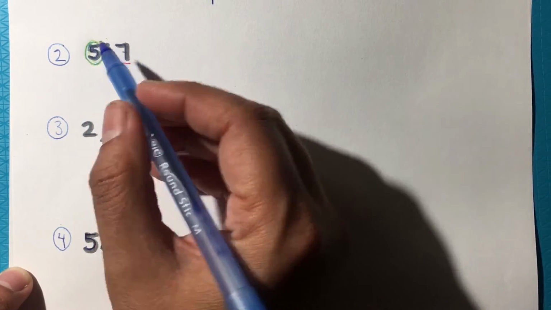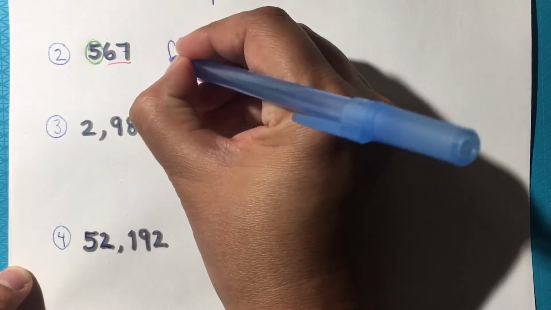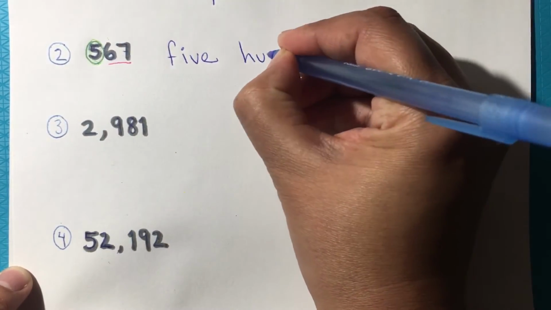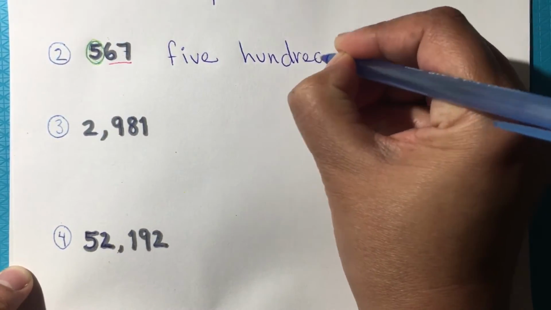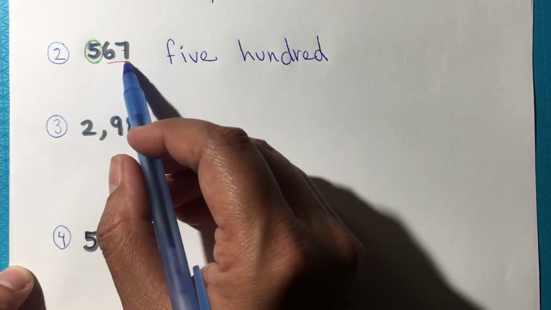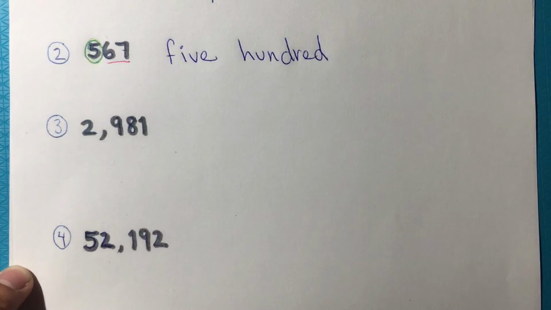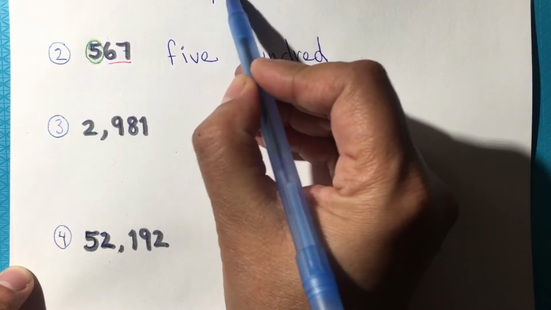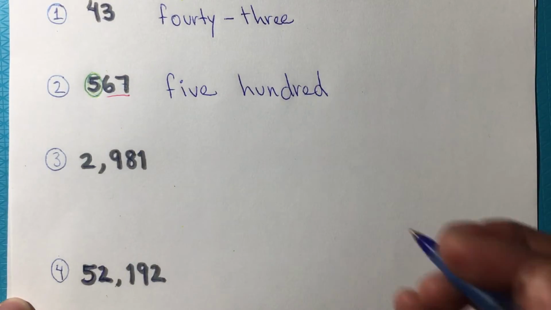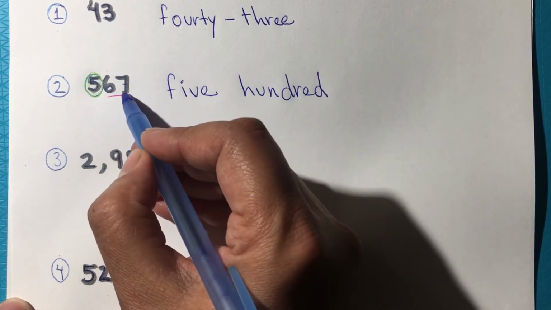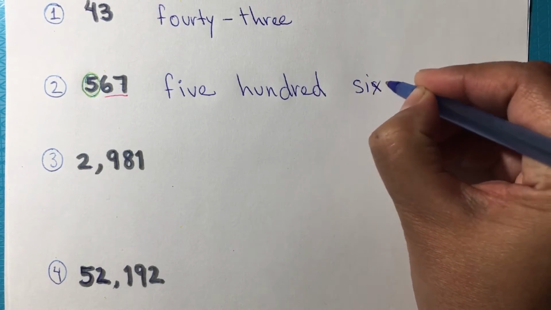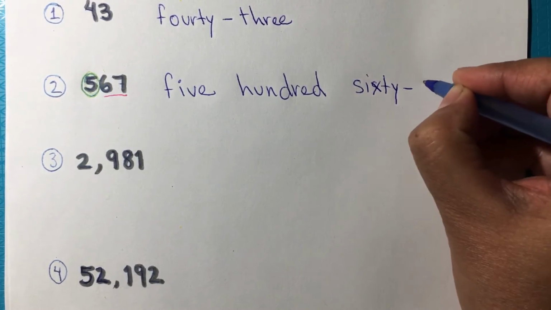In this case it's going to be 5 because that's the number 500. It doesn't have an S. And then the one that you underline goes together again with a dash, just like we did on the first one. So a 6 and a 7 is 67.